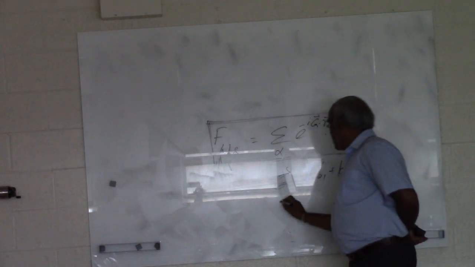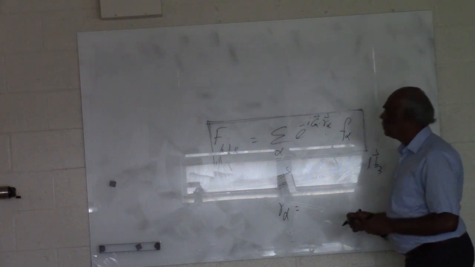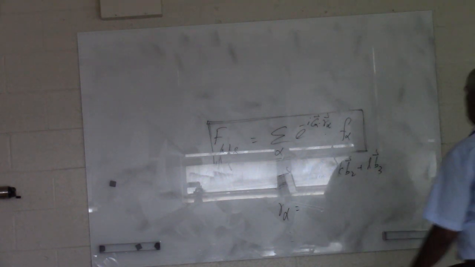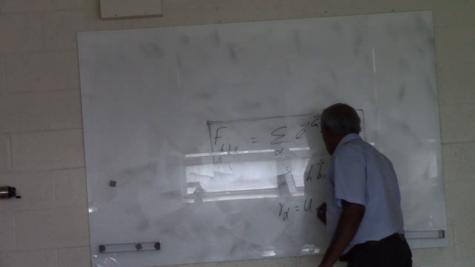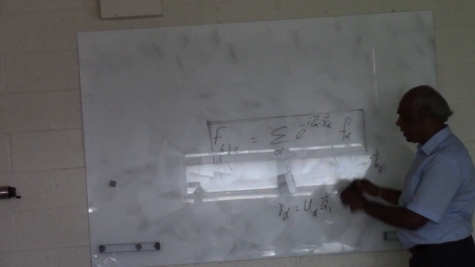Then what is R alpha? It's a position vector, right? So let's see what they use. I think they use UVW. Yeah, they use UVW. R alpha you can write as, say, U alpha A1, right? That is in the real space.